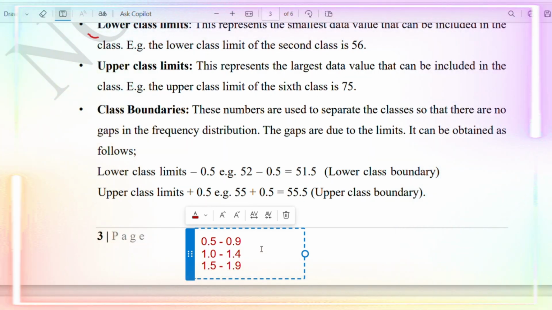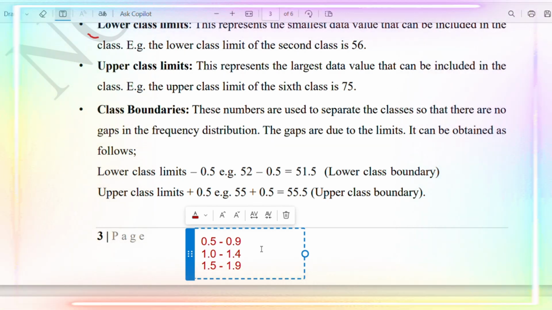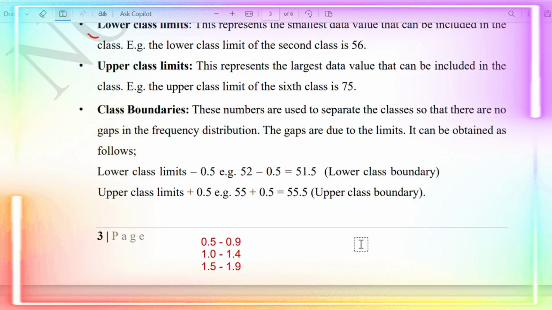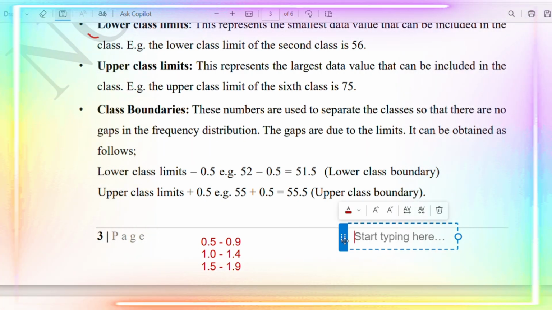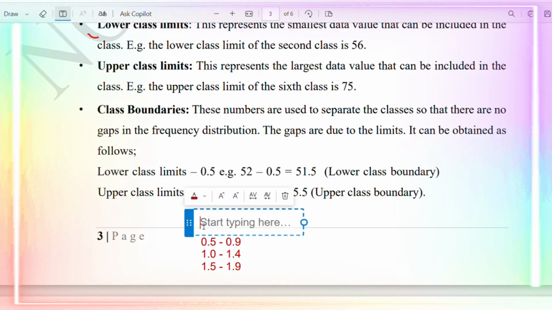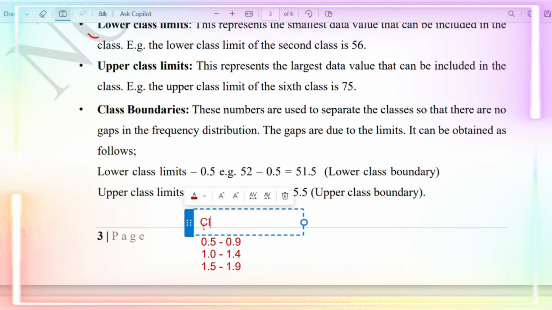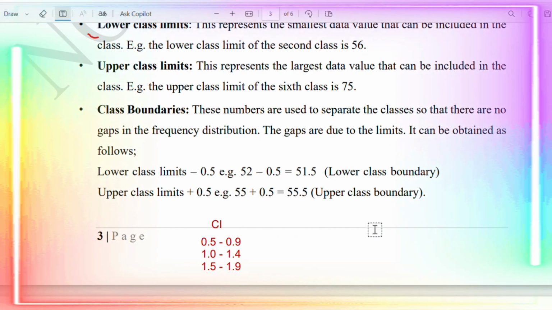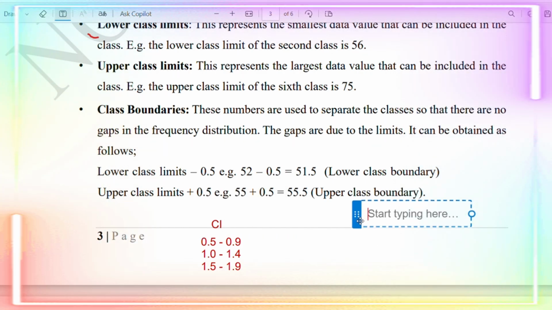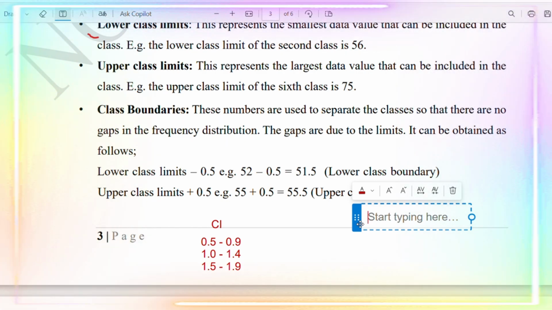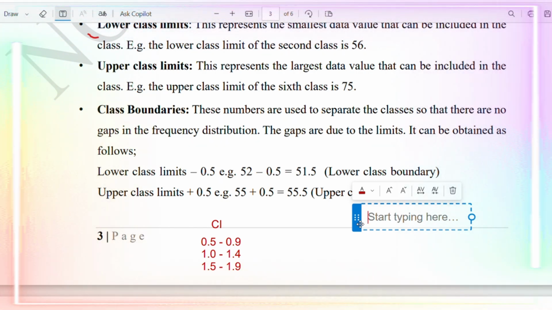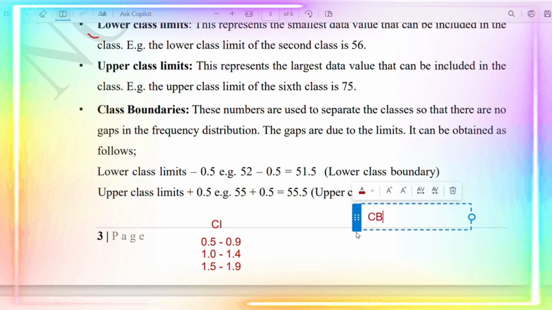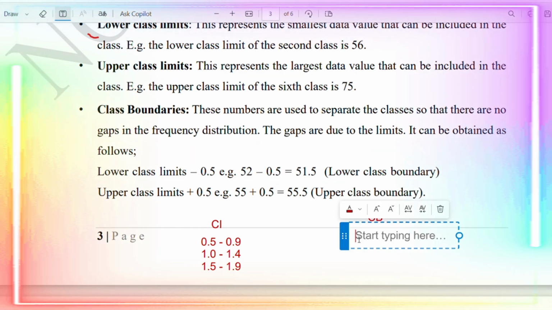Now, what are you going to have as the class boundary? Let me call the class interval CI, and the class boundary CB.